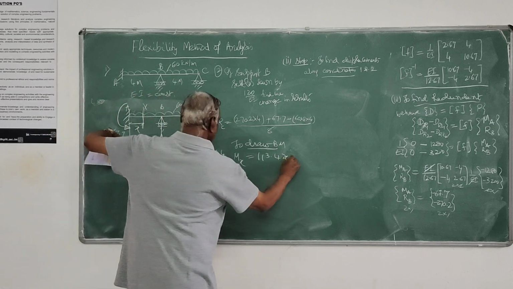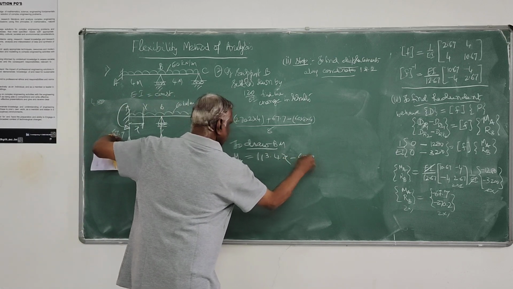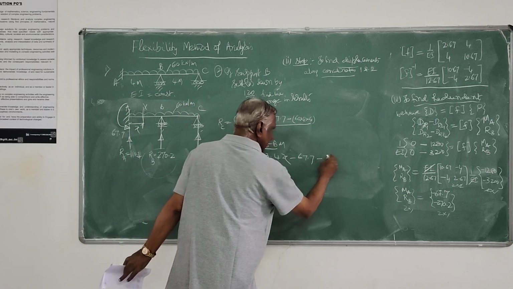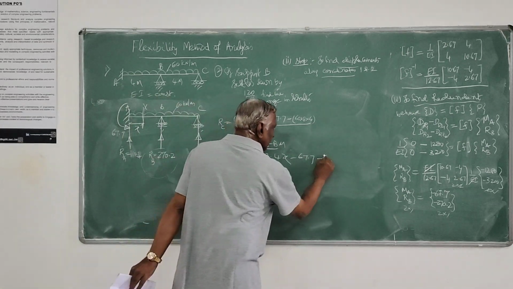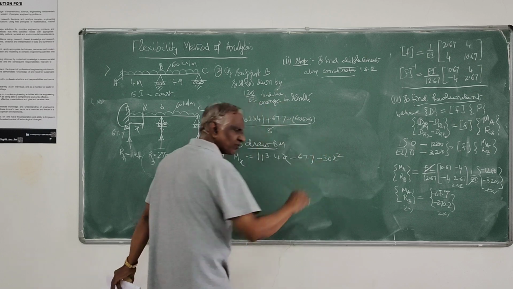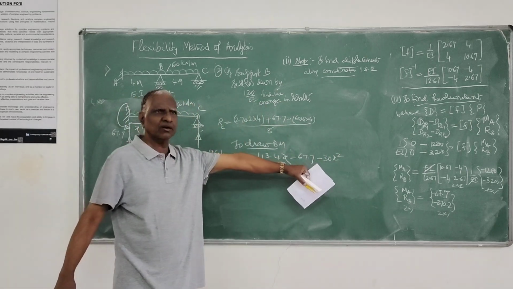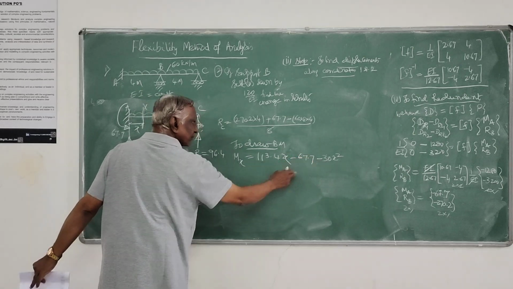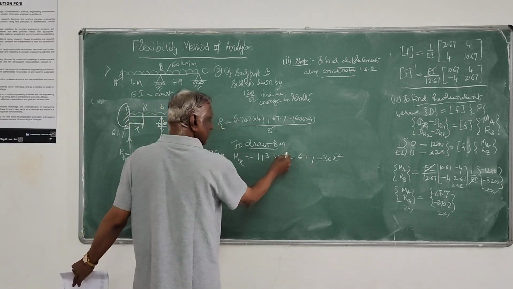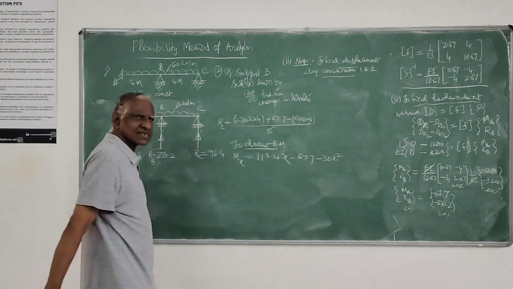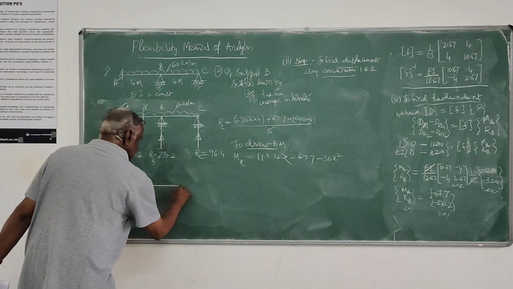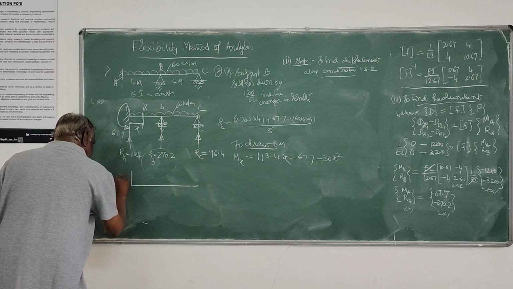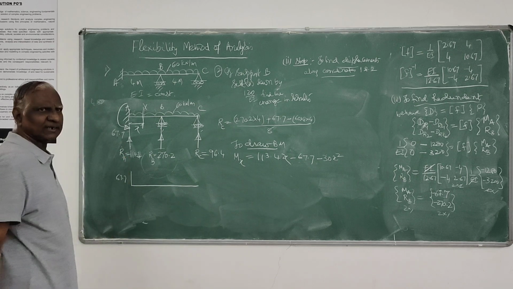Then this is minus 67.7, and this UDL gives minus 60 into x into x by 2, that is 30 x squared. Naturally it is parabolic because it is second degree. You can put x equal to 0. We are getting minus 0, it becomes minus 67.7. So that means here this becomes 67.7 at that point.